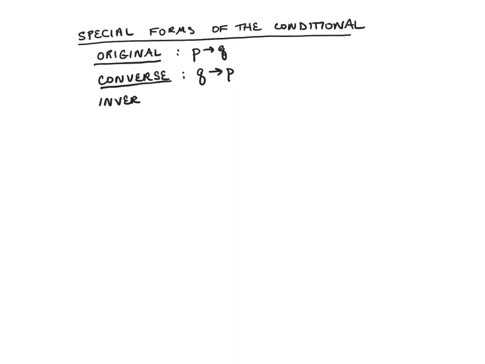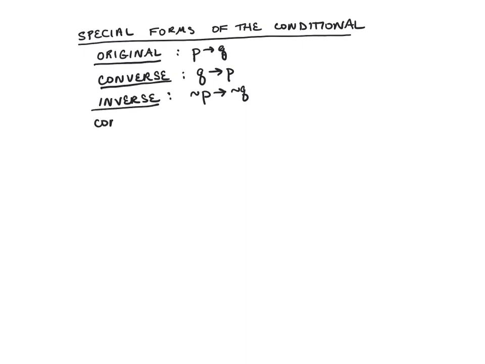So it all depends on what the original conditional is, but we'll make it very basic. If the original conditional is if P then Q, then the converse is always flipping the antecedent and the consequent. That's if Q then P. The inverse is taking the original conditional and negating its antecedent and consequent.